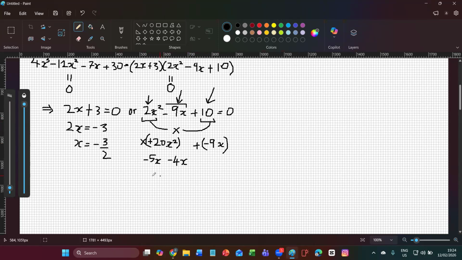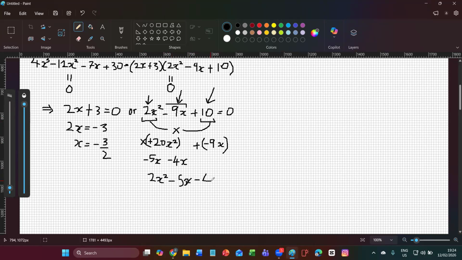Okay, so let's go. So now we can rewrite our quadratic equation to become 2x squared minus 5x minus 4x plus 10.